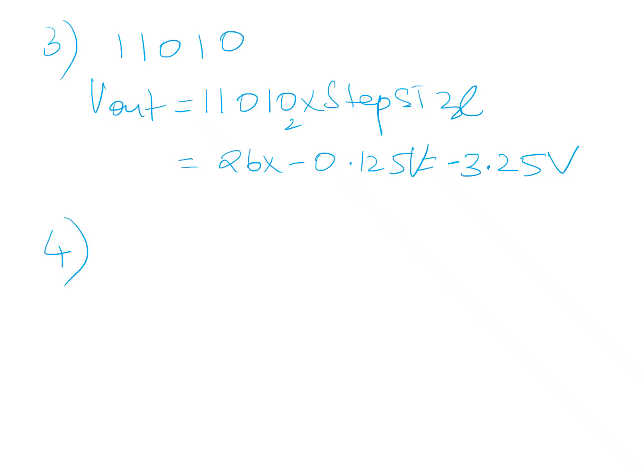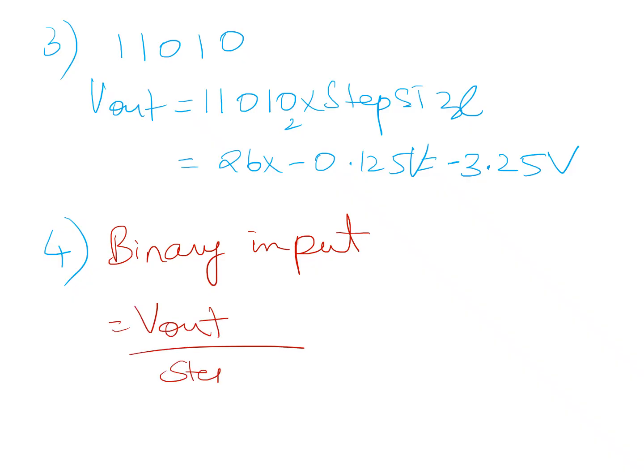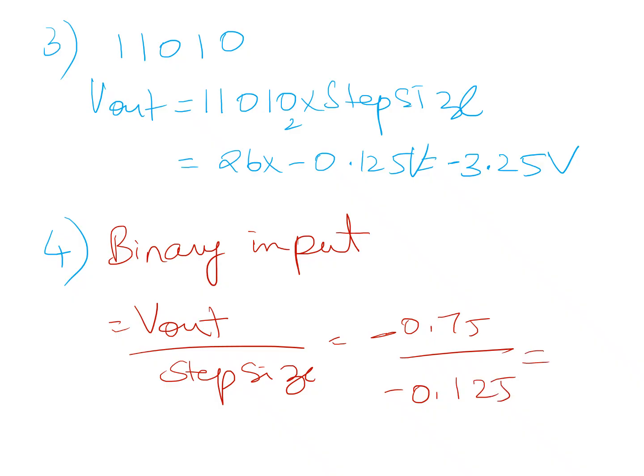The fourth part of the question is we need to calculate the binary input. Having V out divided by step size is equal to minus 0.75 divided by minus 0.125, which is equal to 6 in base 10, which is 00110 in base 2.